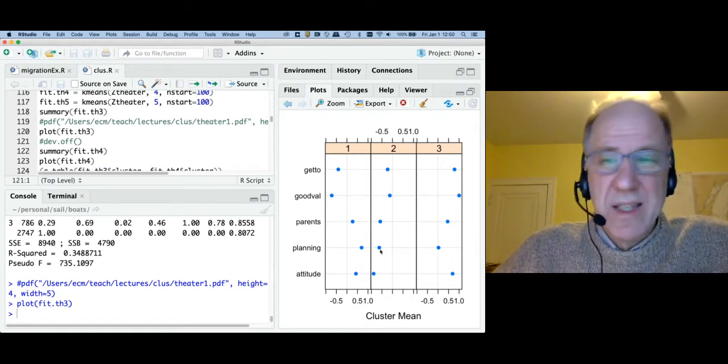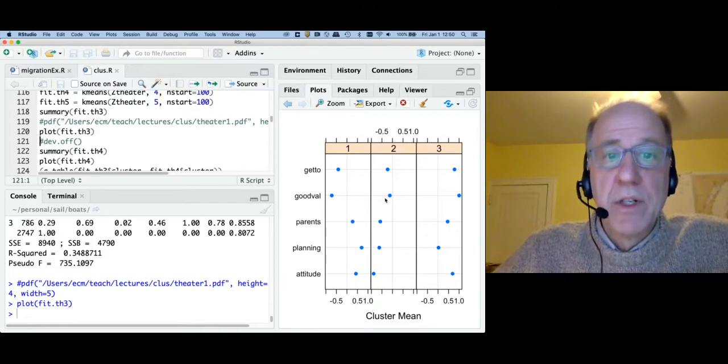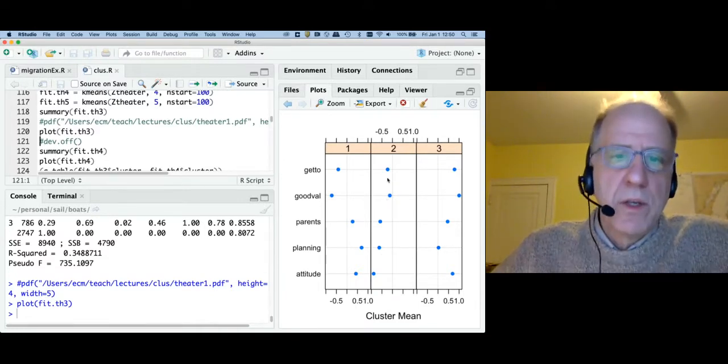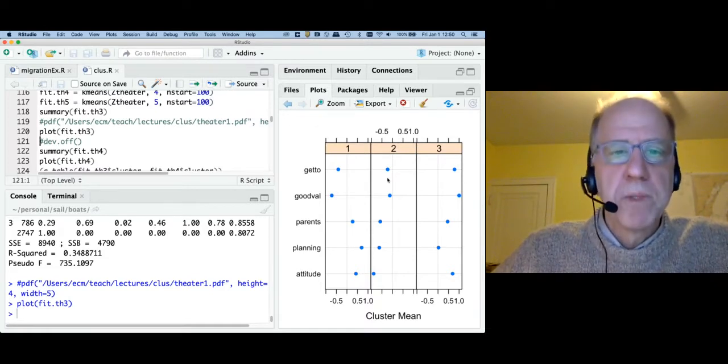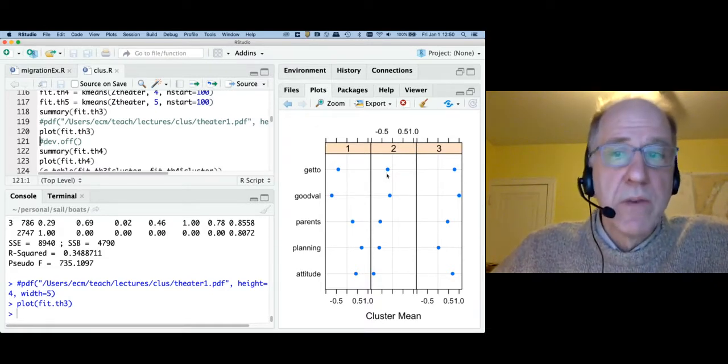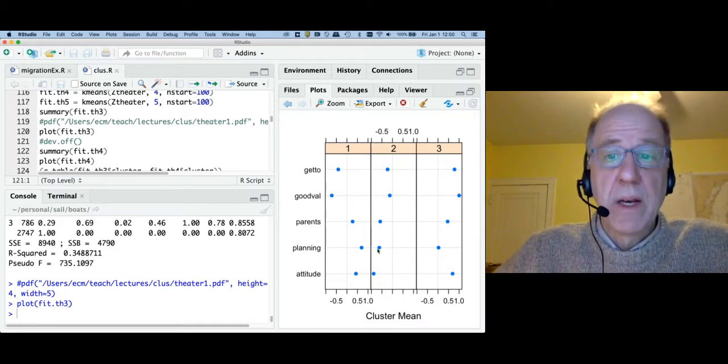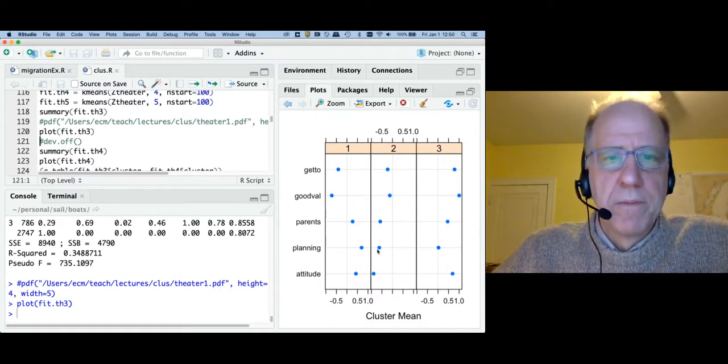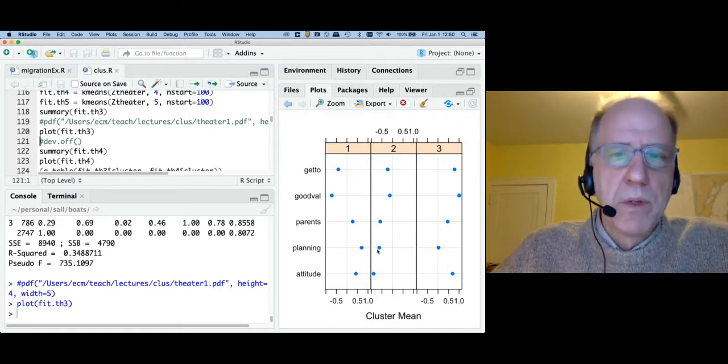Or another possible explanation is that this group, on the average, didn't really take the survey that seriously, and they saw a bunch of questions on theater. They don't like theater. They were just giving low ratings regardless of the question. That would also explain having a negative value on planning. That's the problem with surveys. You have to deal with the fact that people don't always take your surveys seriously.